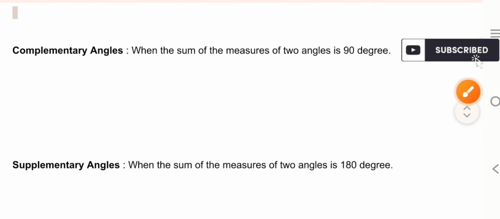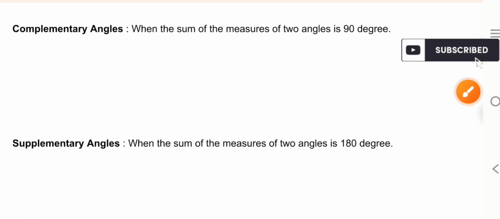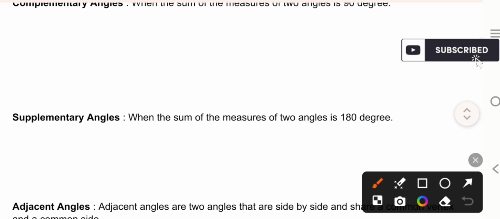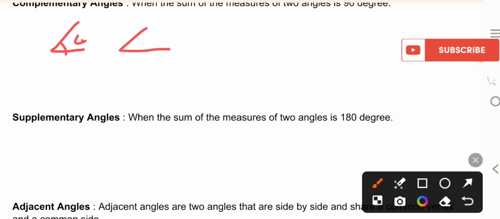Next, complementary angles. When the sum of the measures of two angles is 90 degree, that is complementary angles. That is, this one is 45 degree, this one is 45 degree.